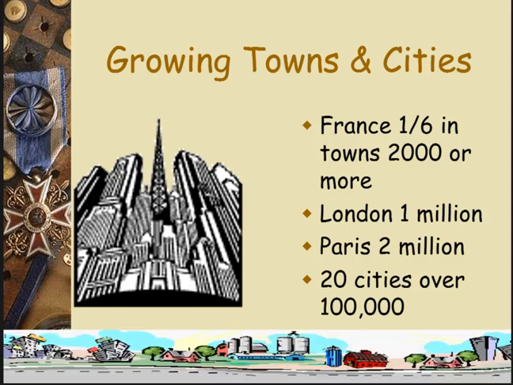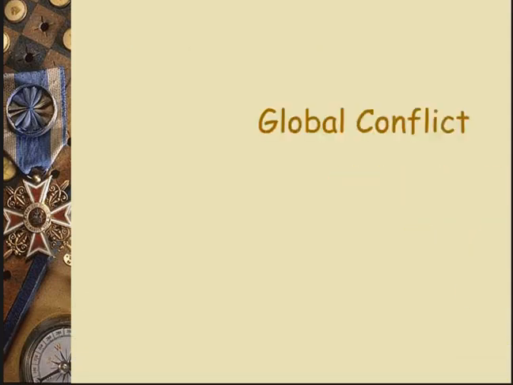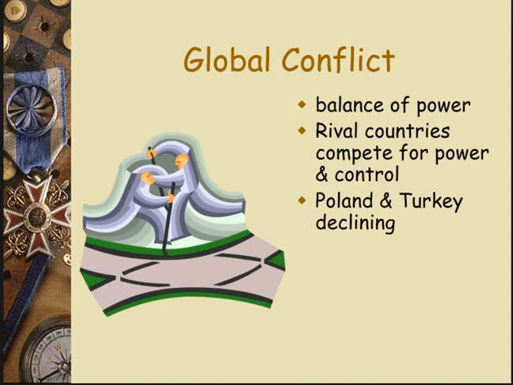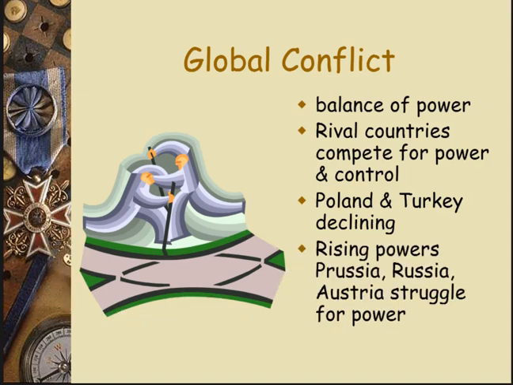So if we want to see why all these changes are taking place, I'm trying to give you some of the factors there. Now, another thing that's going to happen is we start to see global conflict. Since the economy is becoming more global, you've got people in Europe trading things from China, Southeast Asia, Africa, South America, the Caribbean.